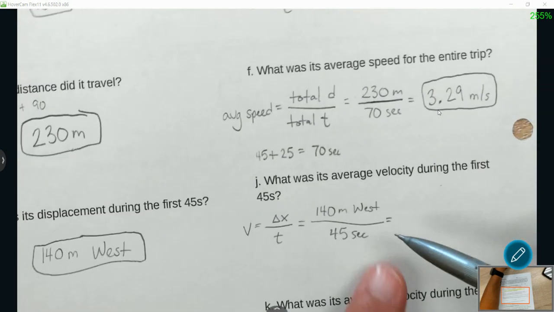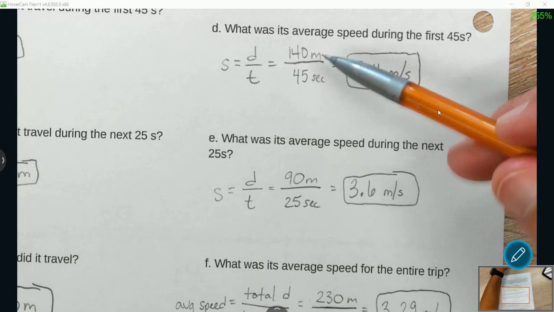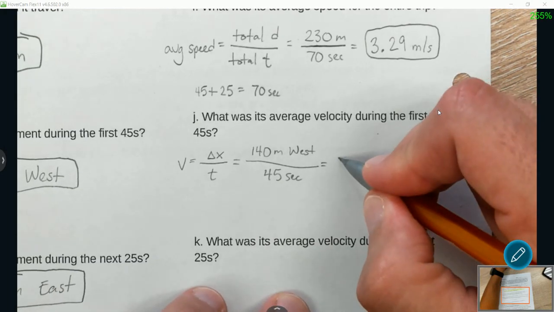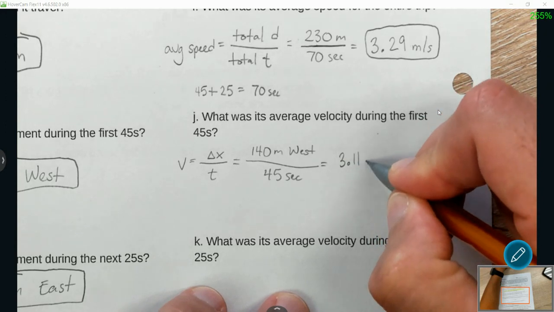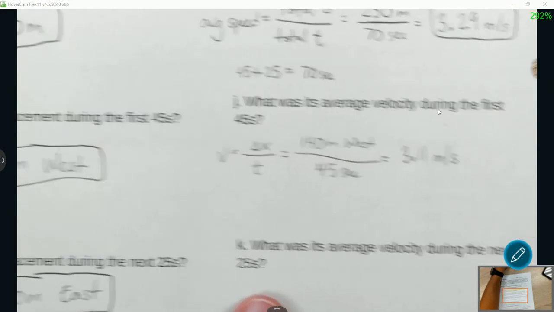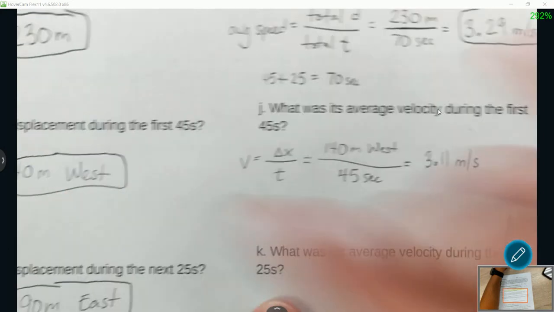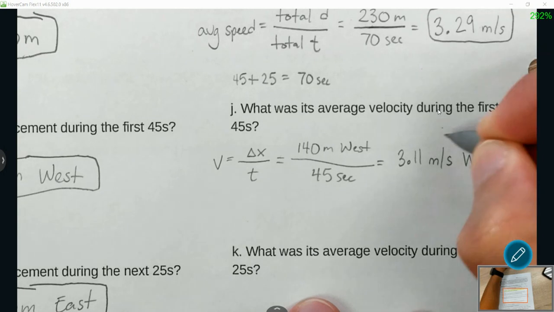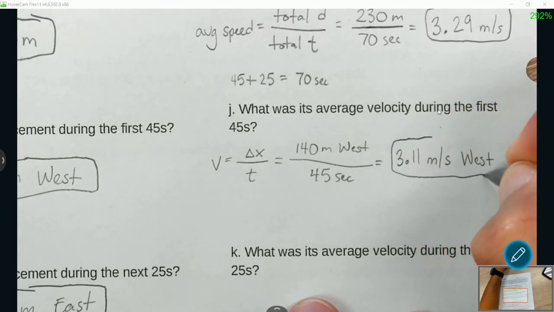Now we already did a calculation with 140 divided by 45, so it's going to be the same number. 3.11 meters per second. But now, because we're dealing with velocity, we want to include the direction, which was west. So we need to make sure we have west in our answer.